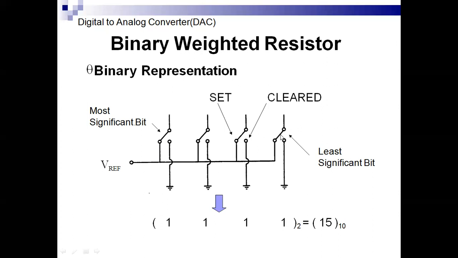Same way for the LSB, it is connected over here, so you can say it is clear. Simply, we are giving input 1111 here, that is 15, the binary value of 1111, decimal value equal to 15. It is a simple view. From this side you can see the significant bit; the left side is called the most significant bit. Here we have seen the simple connection, when it is going to clear and when it is going to set.